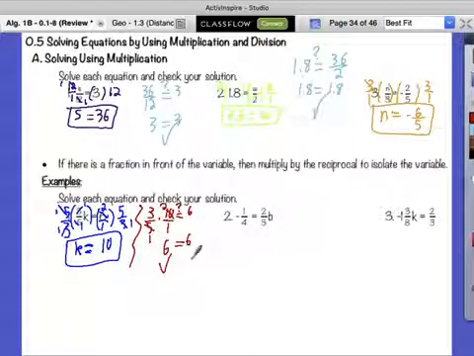Look at my paper, Mr. Burrow. Okay, I got it. This one I did it. Oh, there you go.